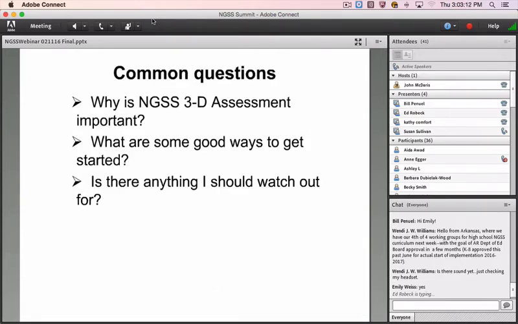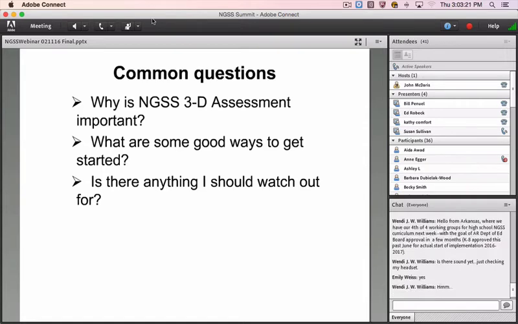So as I'm listening to people talk about assessment, here are some things that keep coming up, and I think that our presenters are going to share things that have relevance to these questions directly or indirectly. But first of all, why is NGSS 3D assessment important? So that's a question.